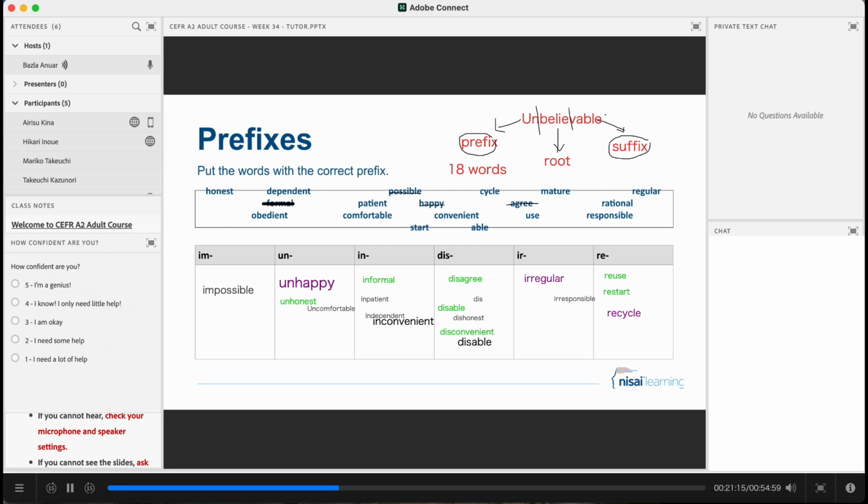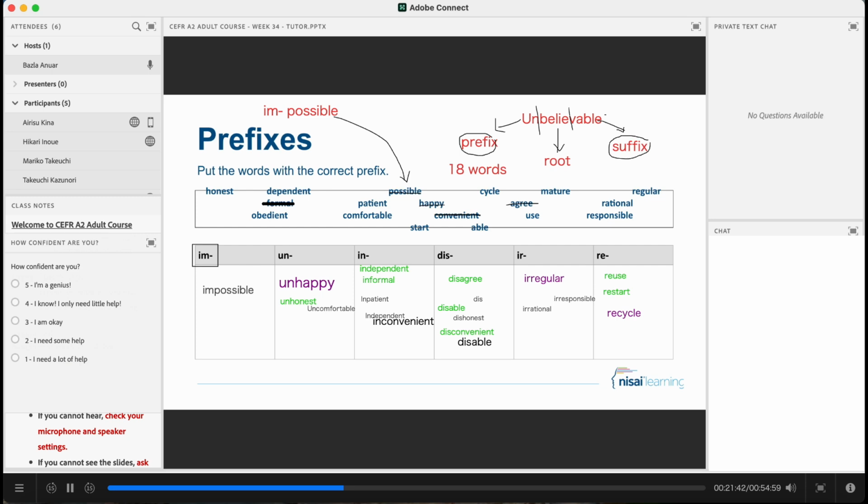So what we're doing now here is putting the words with the correct prefixes. For example, let's take im. For the prefix im, we can definitely combine it with words like possible, which is this one here.